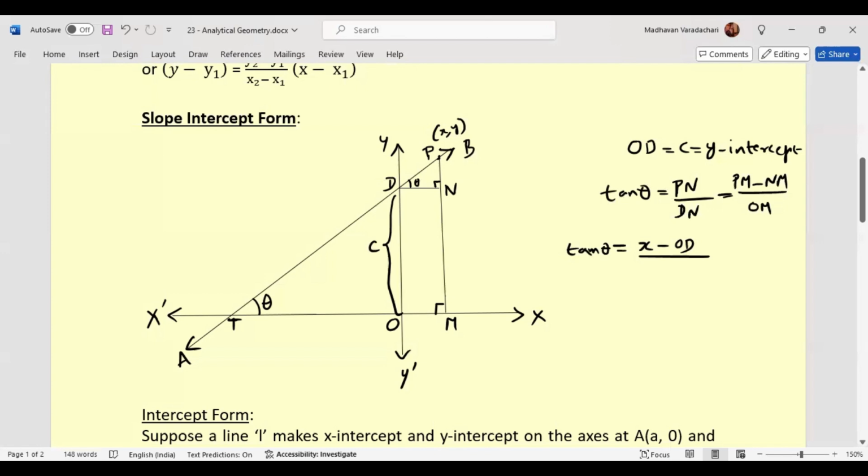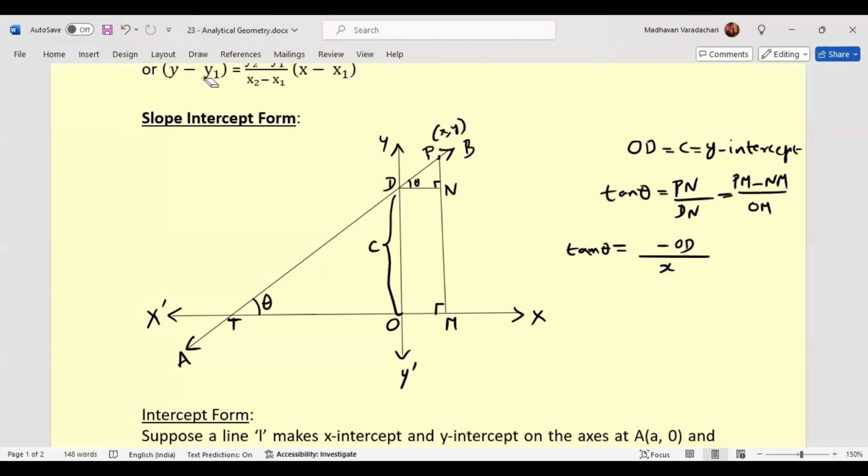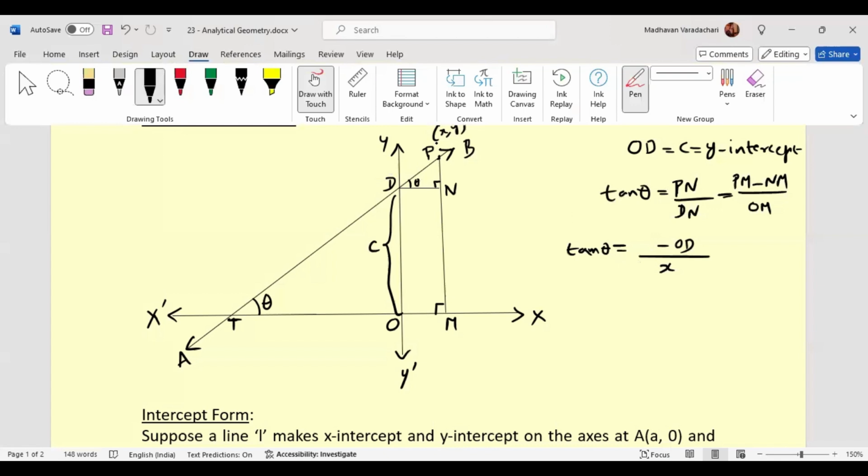Okay. And divided by OM. OM is nothing but x. I'm sorry, here PM is not x. I should have written y. PM is actually y, because that is this distance, it should be y.